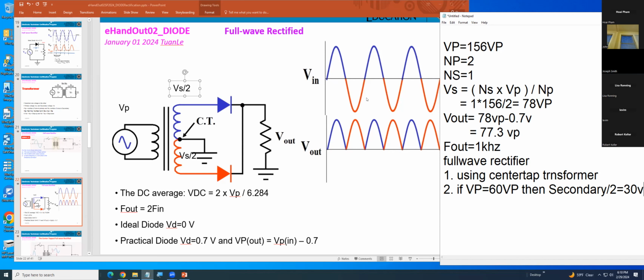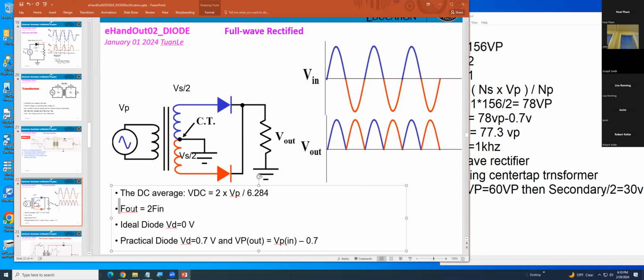Okay? The only thing you have to understand in here, they said frequency output equals 2 times F in, okay? So basically, if you get 1 kilohertz at the input here, the output here will be 2 kilohertz.